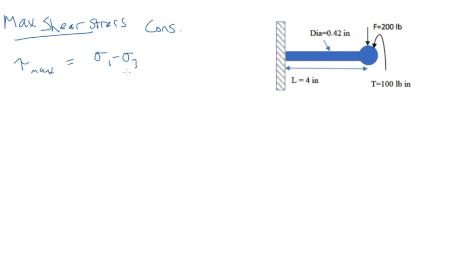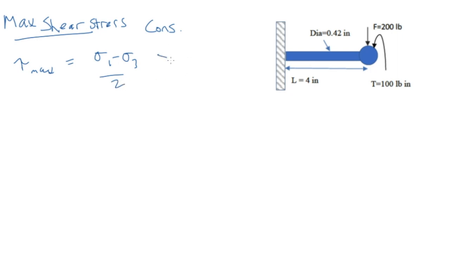We'll start with the most conservative, which is the max shear stress. So our max shear stress is equal to sigma 1 minus sigma 3 divided by 2.